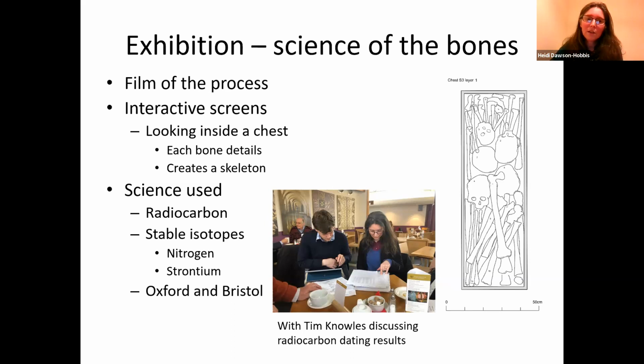The other stable isotope in particular we are looking at is strontium. So rather than tell us something about diet, strontium tells us something about geographical location where an individual grew up. It's like a signature of the geology that you intake with your food and water.